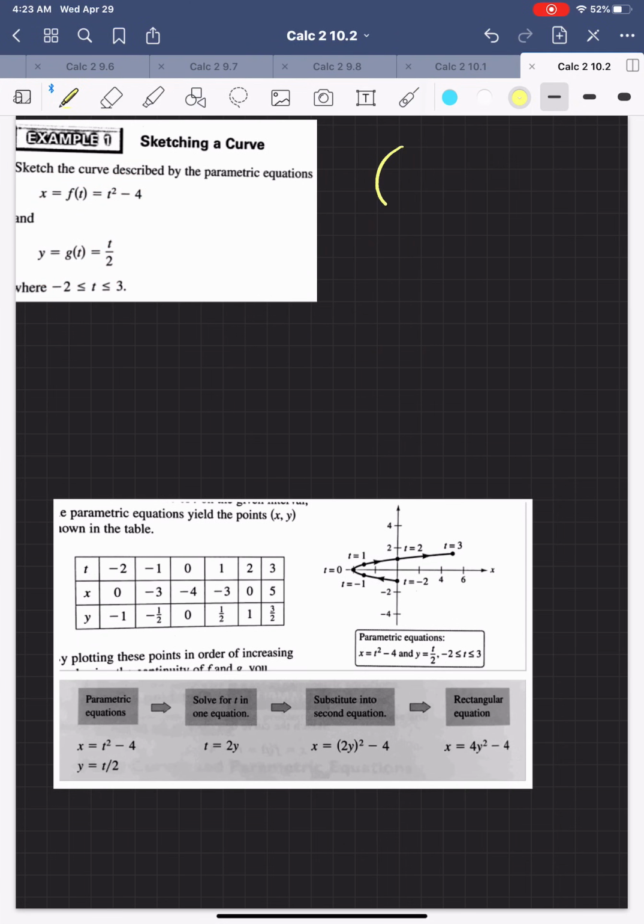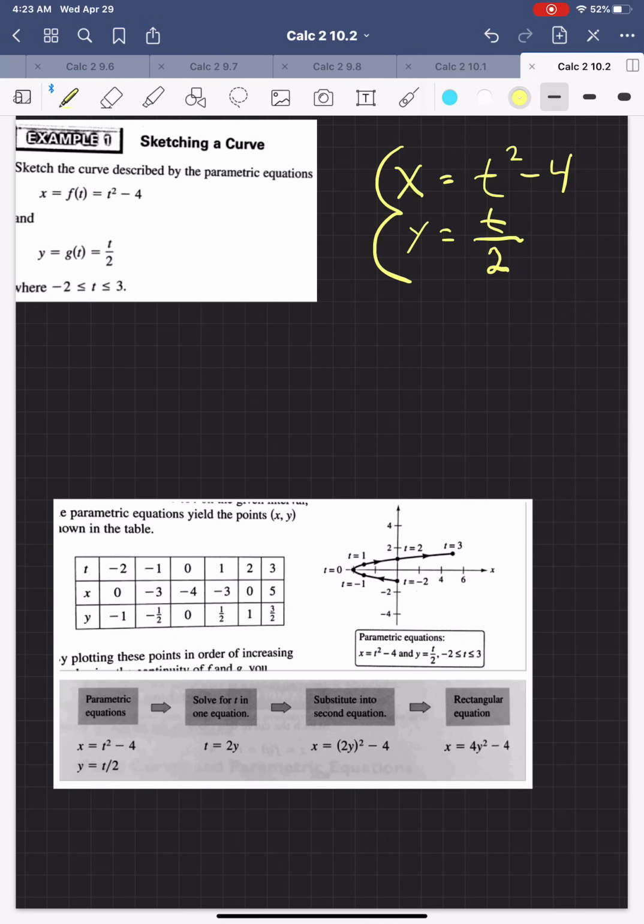So the real equations here are x equals t squared minus 4, and y is equal to t divided by 2. Okay, so there's your parametric description.